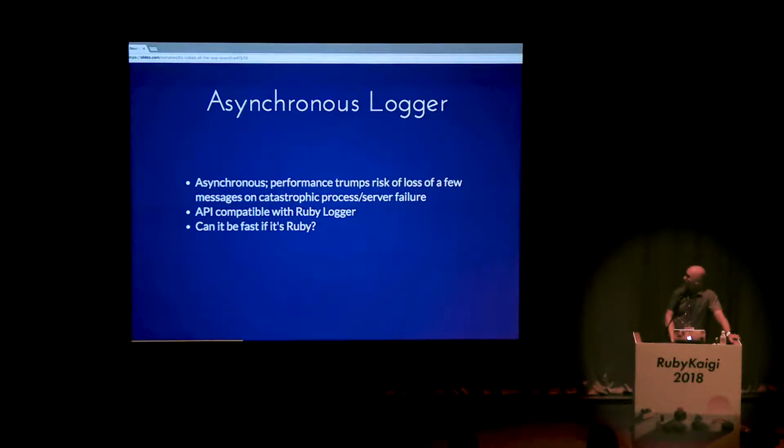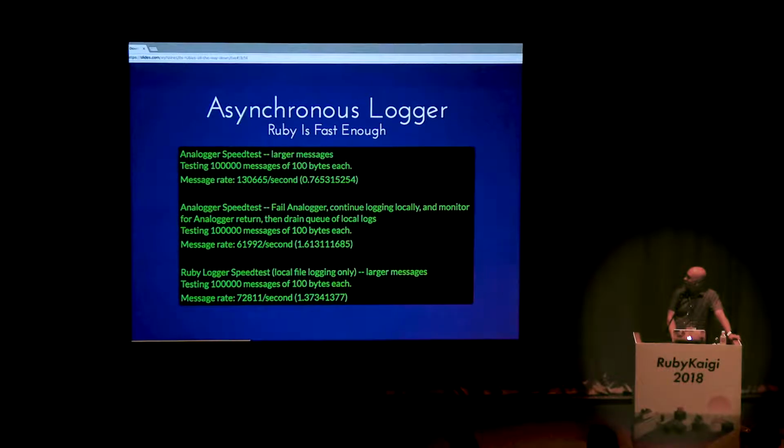And so Logger is an asynchronous logger. And again, it was one of those things, can it be fast? And so these benchmarks were run on the same $10 DigitalOcean instance, but it'll log quite a few messages in a second.